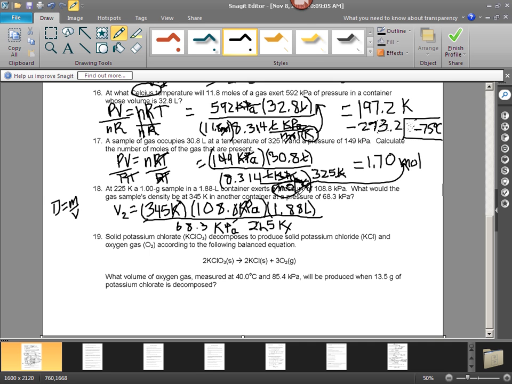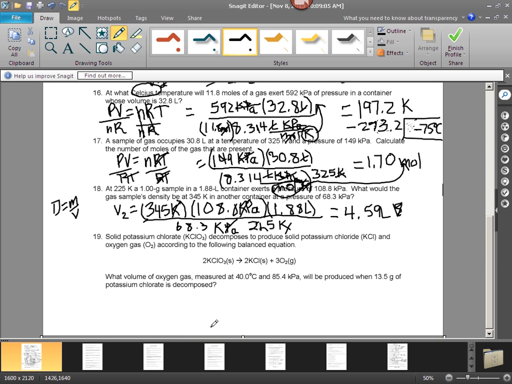Kelvins cancel, kilopascals cancel, we're left with liters, which is what we should get for volume, and mathematically it comes out to 4.59 liters for your second volume.